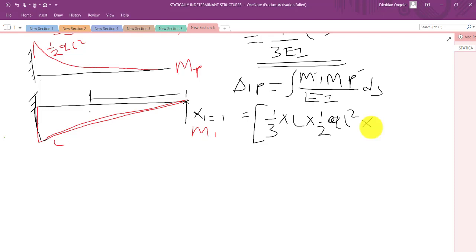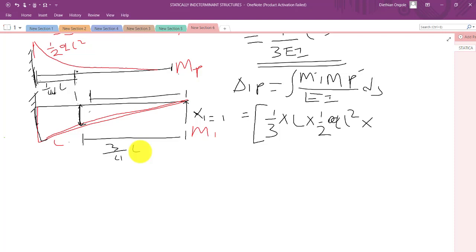If you recall, for this shape here, the length from this base up to this part is 1 over 4 times the length, a quarter of the length. So from the tip up to this point, it would be 3 over 4 L, since the other side is a quarter.